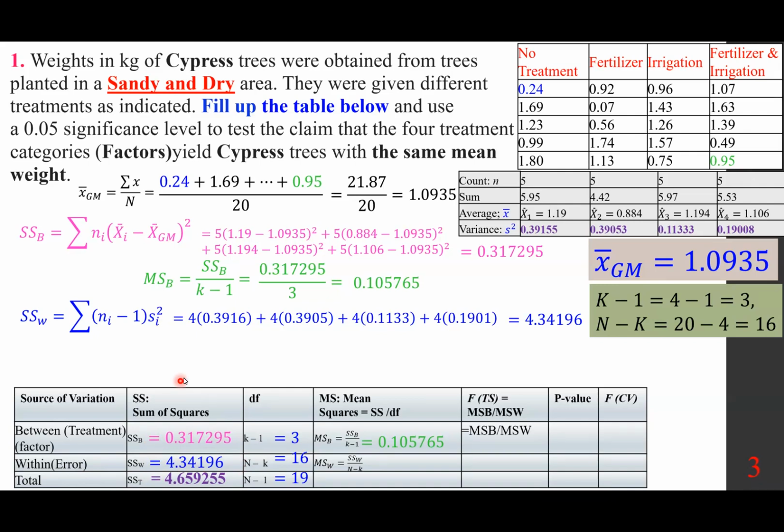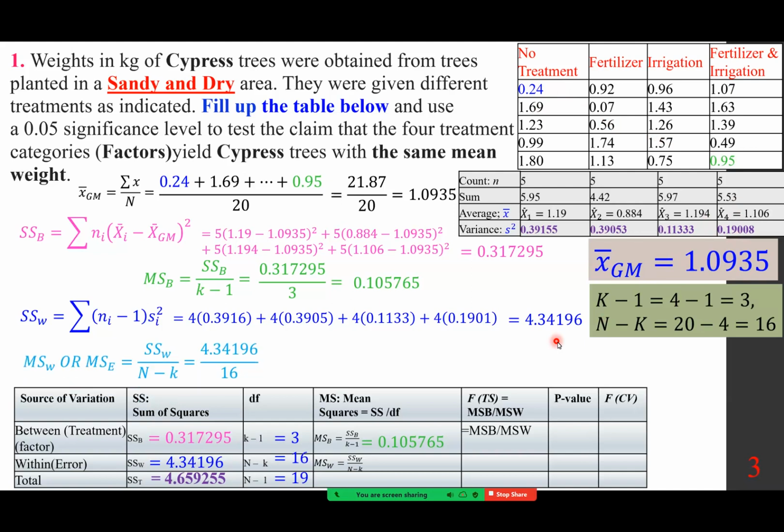By the way, as far as calculation of sum of total, besides that, you can say this one minus the grand total quantity squared plus this one minus the grand total quantity squared, all the way to the last one. That's another way of doing the calculation.